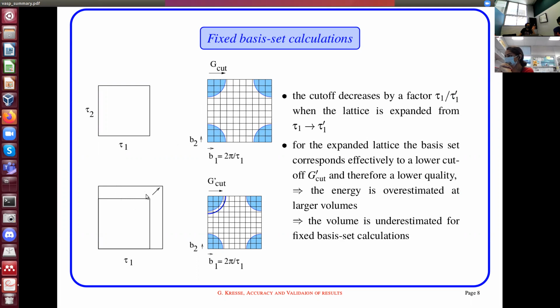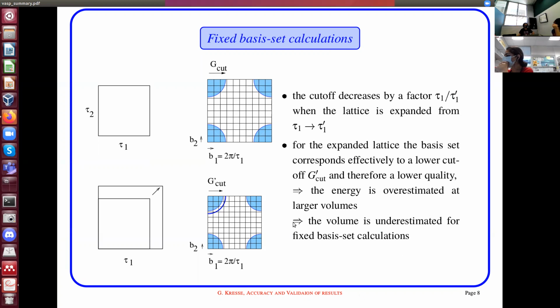So this is the problem: if you change the lattice vector, even though you are keeping the same energy cutoff, the absolute threshold will change, because the Brillouin zone is changing for both of them.